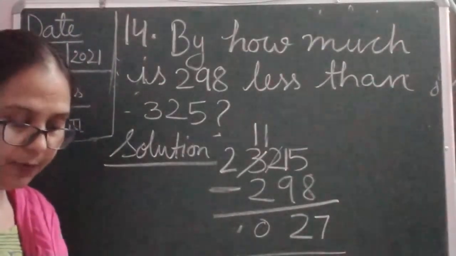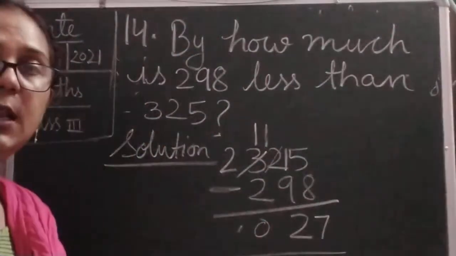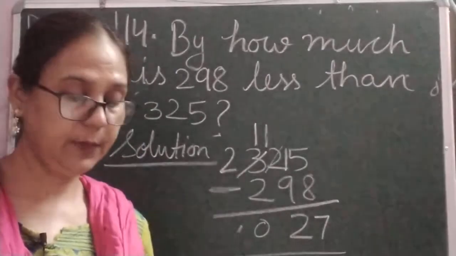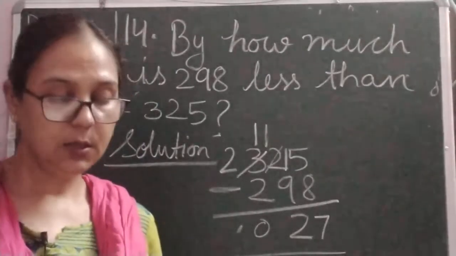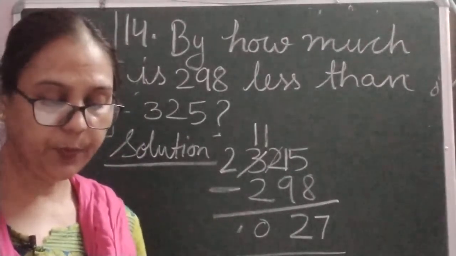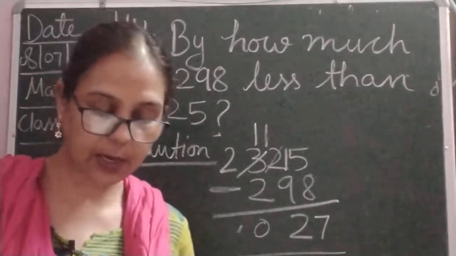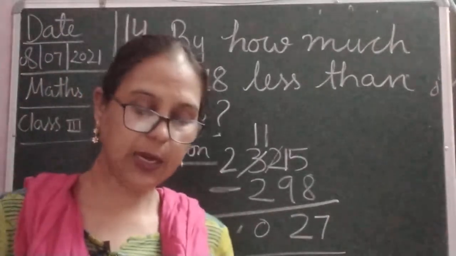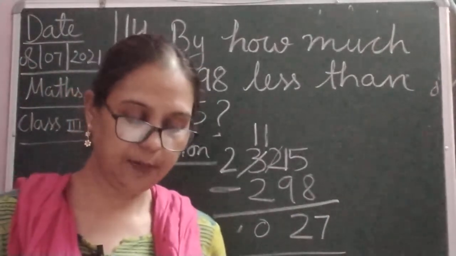Now after that we will do number 15. This is the last question of exercise number 3.5. So here Kanu had rupees 183 with him. He bought a book for rupees 59. Estimate the amount left with him.